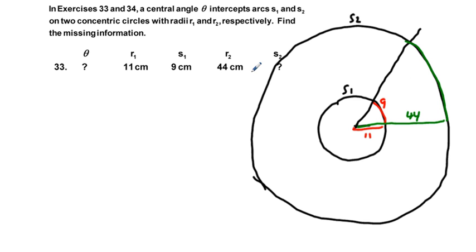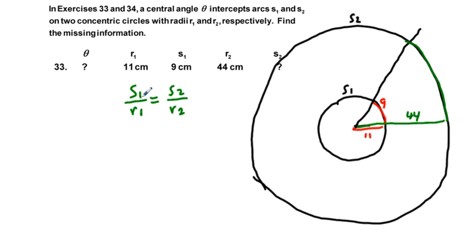So we're going to get a direct proportionality. S sub 1 is to R sub 1 as S sub 2 is to R sub 2.